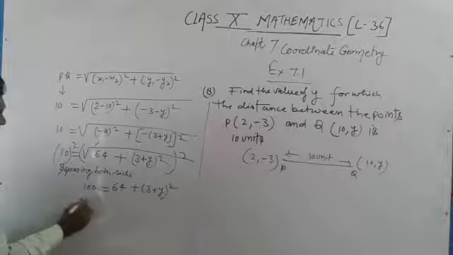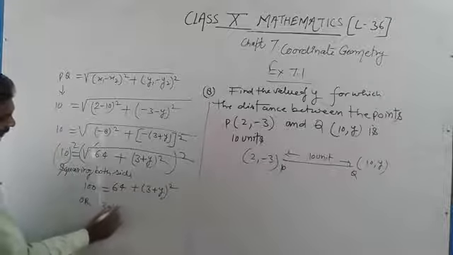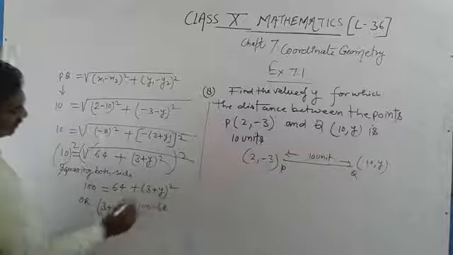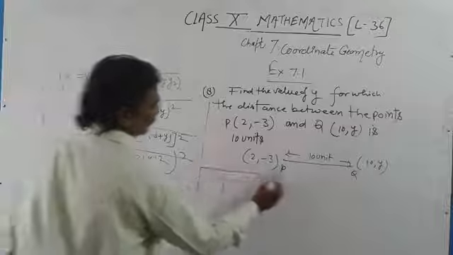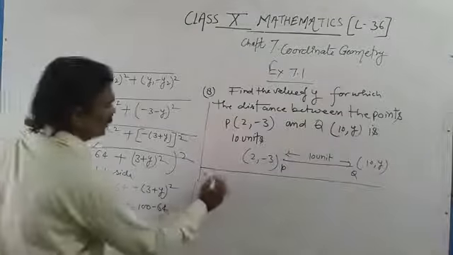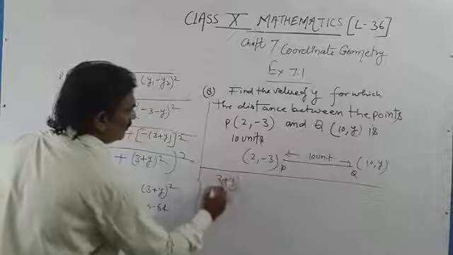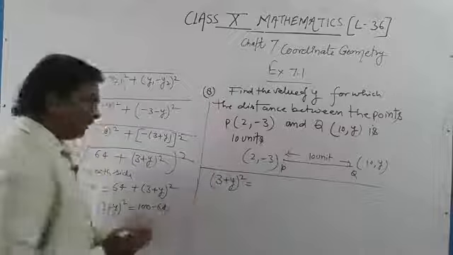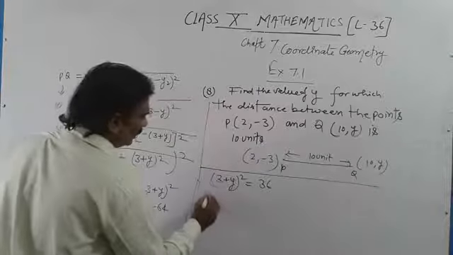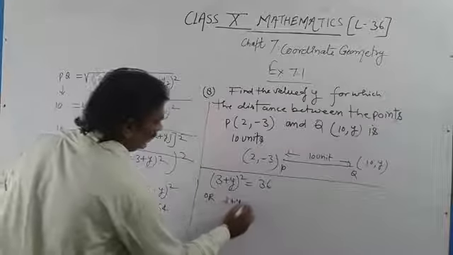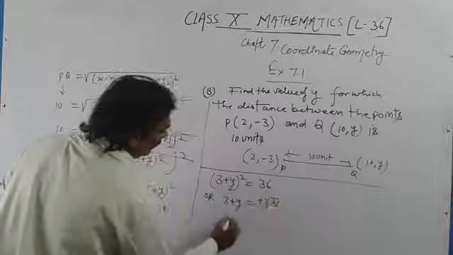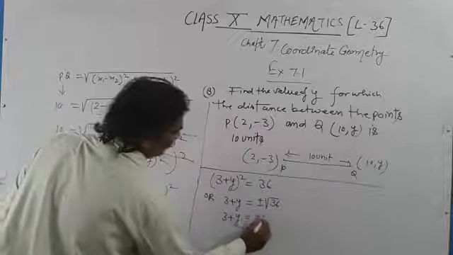We can write here this 3 plus y whole square is equal to 100 minus 64, that is 36, or 3 plus y is equal to plus minus under root 36, or 3 plus y is equal to plus minus 6.